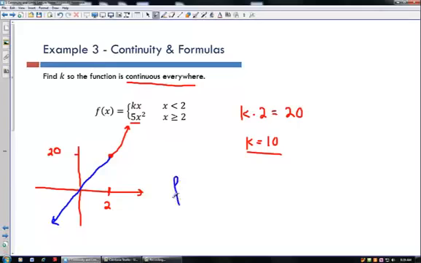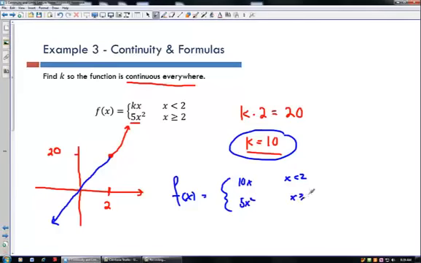So my answer for this would be f of x. I mean, I found k, so that's my answer. But if I rewrite this, it'd be 10x when x is less than 2, and I'd use 5x squared when x is greater than or equal to 2. And the 10x comes from the fact that if you plug in 2 down here, you get out 20. So the idea is you want these graphs to match up when you plug in 2.